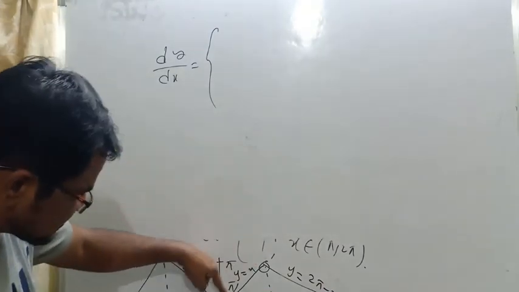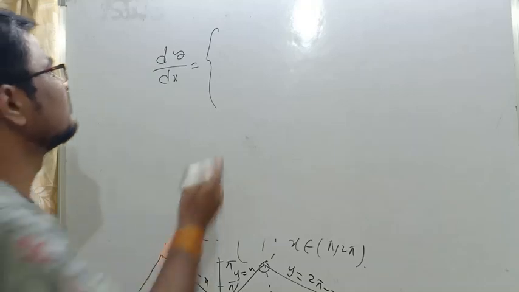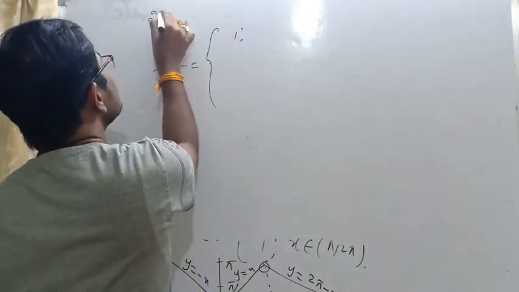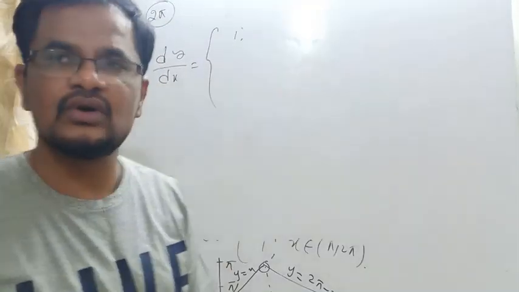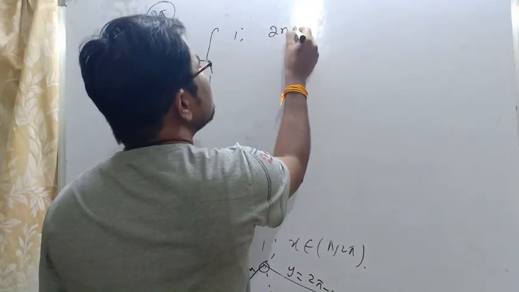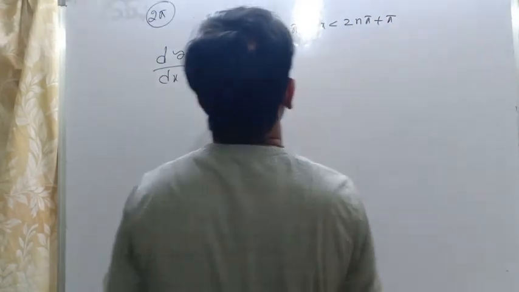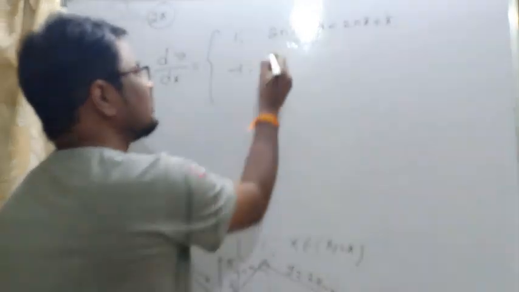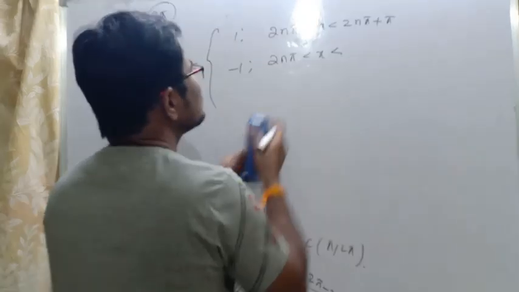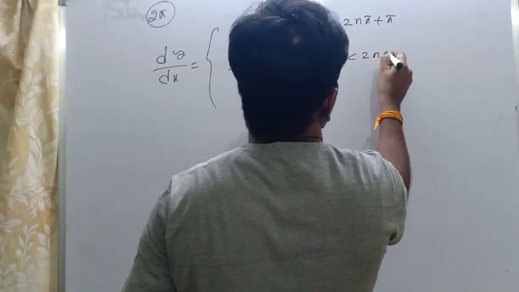Means if you do the differentiation for 0 to pi, differentiation of y equal to x is 1. The period of this cos inverse of cos x is also 2 pi only. So that's why 1 when 2n pi less than x less than 2n pi plus pi, and minus 1 when 2n pi plus pi less than x less than 2n pi plus 2 pi.